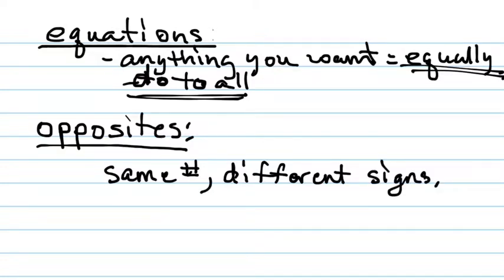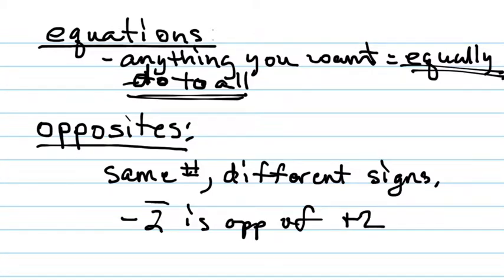So, for example, -2 is the opposite of +2. And we always say negative, but really that is read as the opposite of 2. So literally that minus means that you have the opposite of something. So let's look at finding some opposites. So say we have 4. What is the opposite of +4? -4, right? And all you needed to do to find the opposite of that particular number was change the sign.